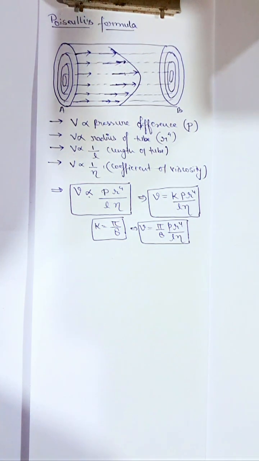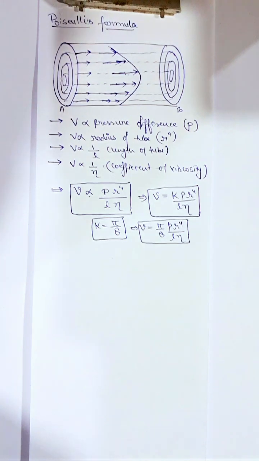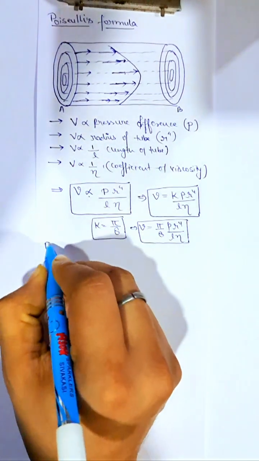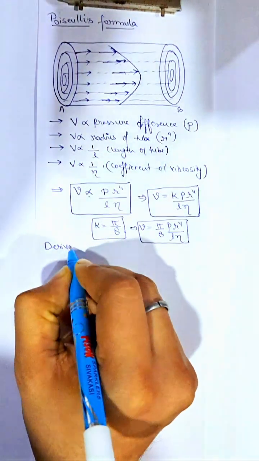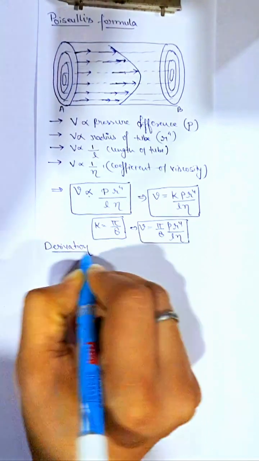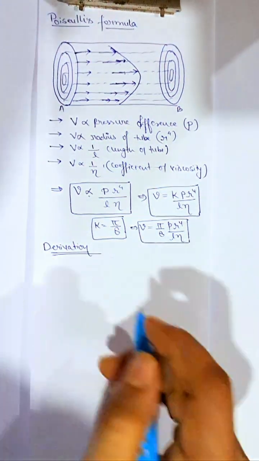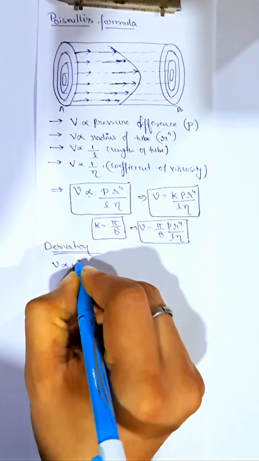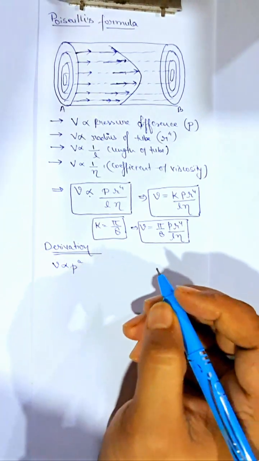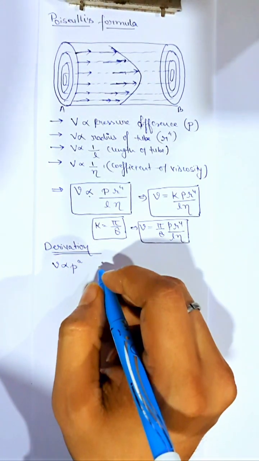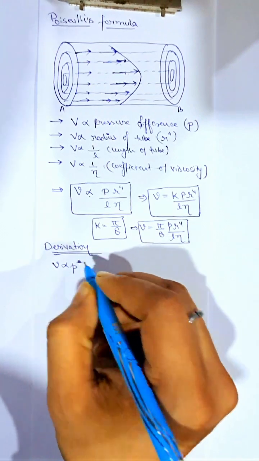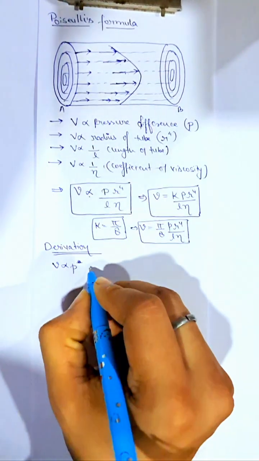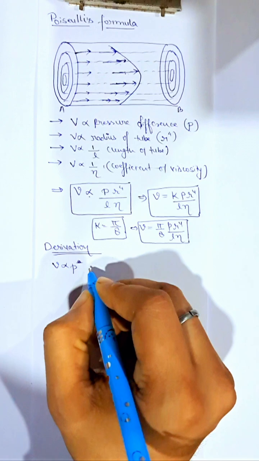So how would you derive the equation? Where did you get the equation? Very simple. The derivation is just that we know that velocity depends on pressure, let it be to the power a, and a pressure difference is created.